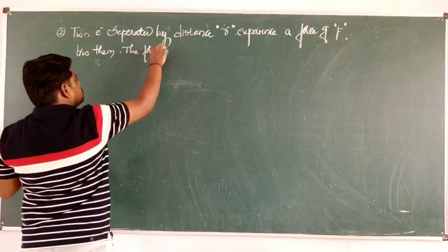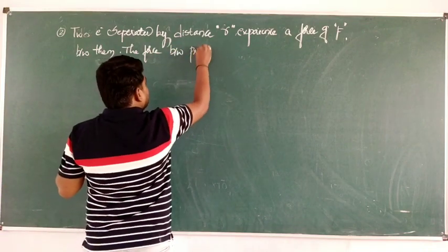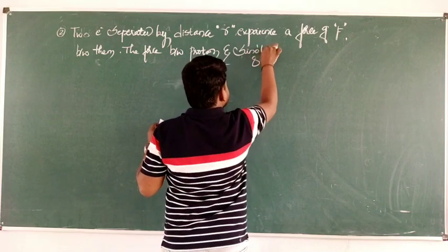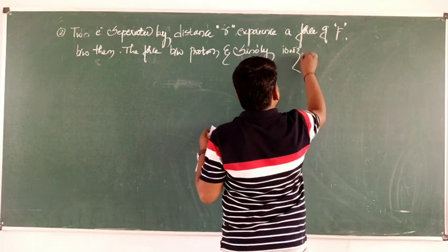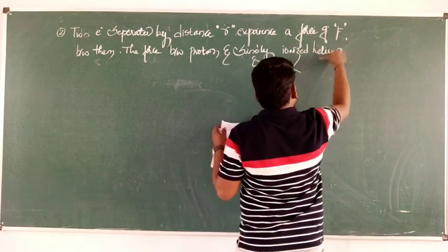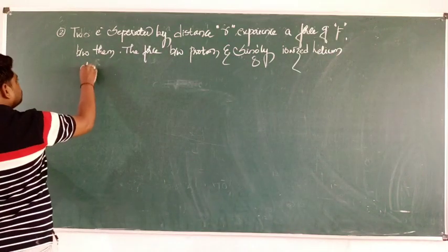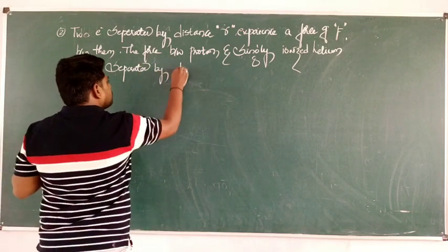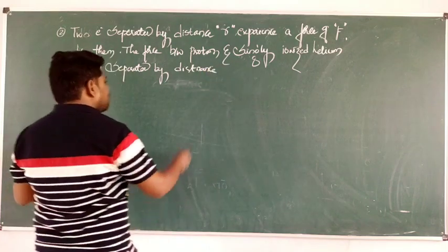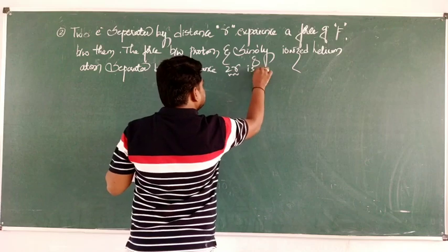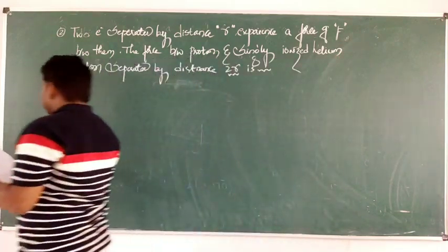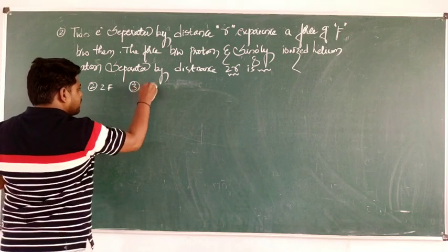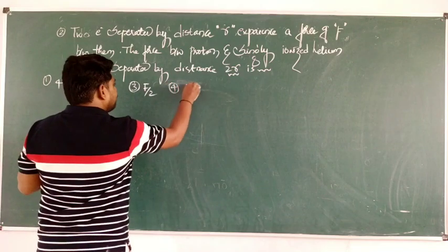The force between a proton and a singly ionized helium atom separated by a distance 2r is: option A, 4F; option B, 2F; option C, F by 2; option D, F divided by 4.